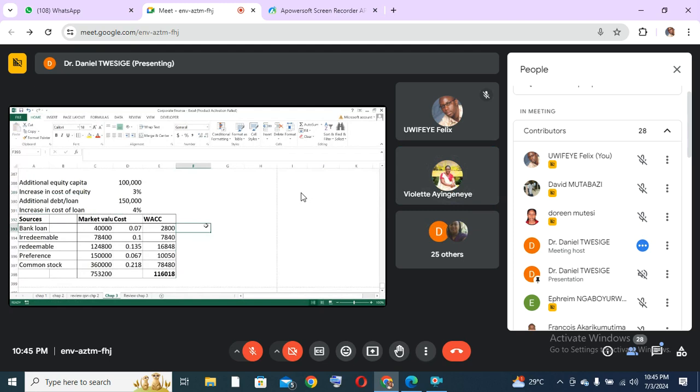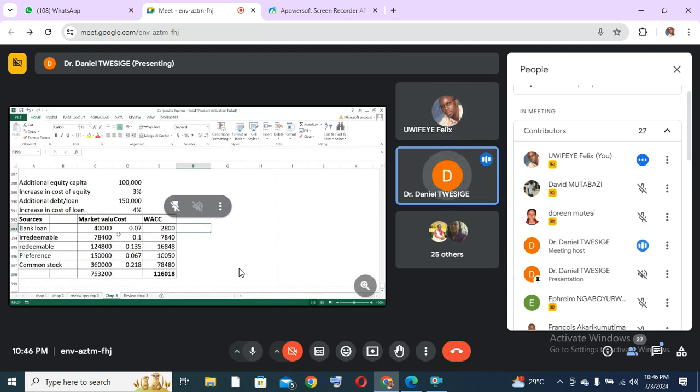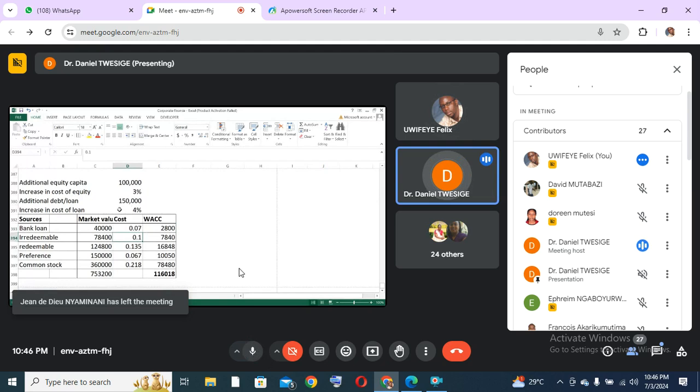Excuse me, sir. Yes, please. How did you calculate those increase in the cost of equity? No, I just estimated. It's in the question estimation. I don't have any calculation that I've made. Okay. It's given. So it means if my bank loan was 40, increase of 150 is going to be 190, isn't it?